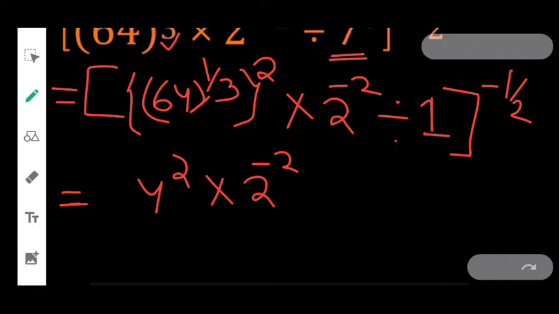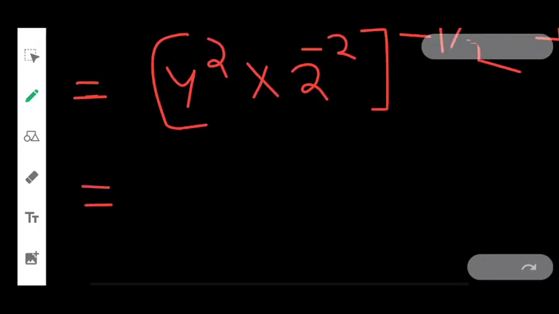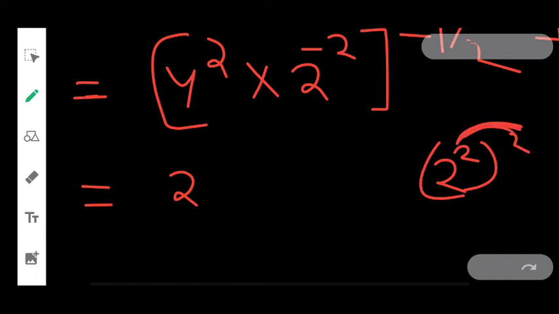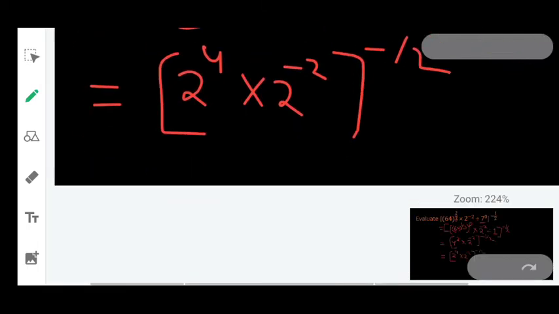So 4 to the power 2 into 2 to the power minus 2, whole power minus 1 by 2. Clear? Next, 4 to the power 2. This 4 can be written as 2 to the power 2. So (2 to the power 2) whole power 2, the exponents get multiplied, so this will be 2 to the power 4.